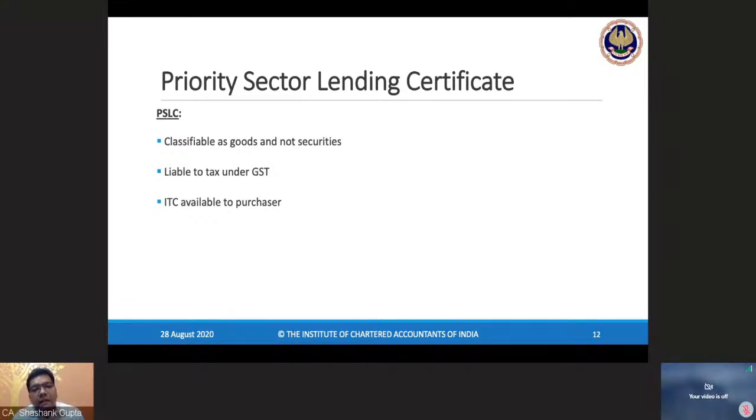So there was a drive taken nationwide to open bank accounts for all the people who were not yet a part of the banking system. So reaching out to rural areas, reaching out to farmers, reaching out to people living below the poverty line, and getting them to open their bank account.